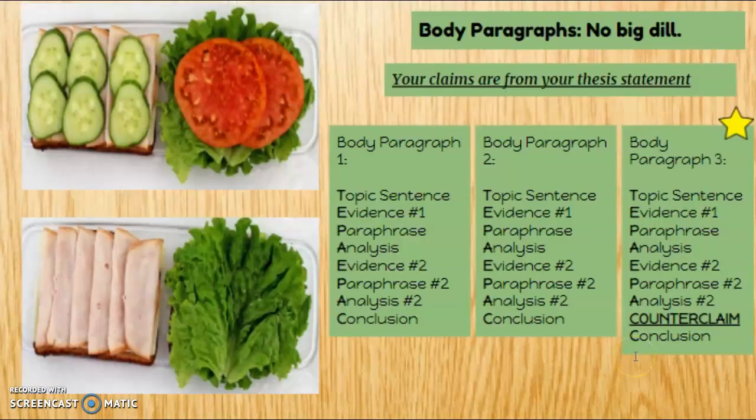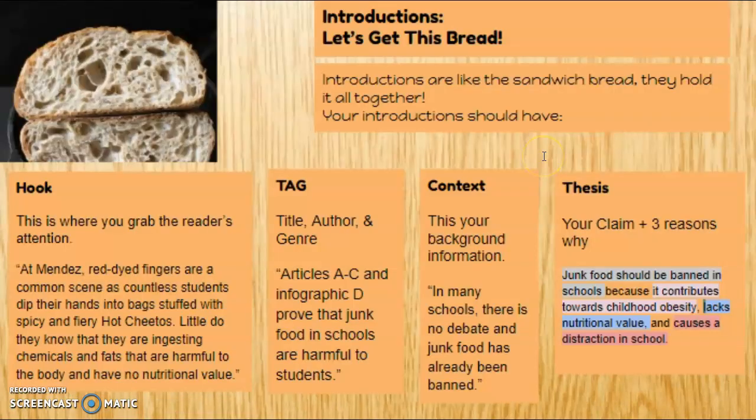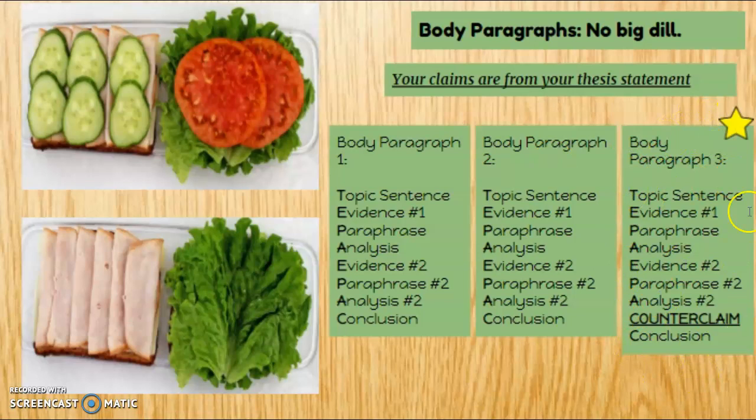Those claims are your body paragraphs. So the first body paragraph should be about childhood obesity. Body paragraph 2 is going to be how junk food lacks nutritional value. Body paragraph 3, if you haven't guessed it, is going to be how junk food causes a distraction in school. So that's what each one's about. That's how we use our thesis for our body paragraphs.